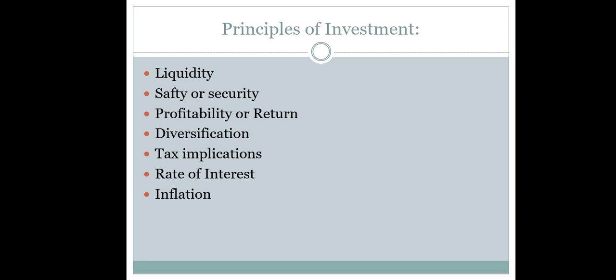If not for returns, the investor would have been better off with investment in bank deposits, public provident fund, government bonds, etc. If you are investing your money in a nationalized bank, public provident fund or government bonds, they are giving security. So definitely the return may be minimum, but at least you can get minimum returns.